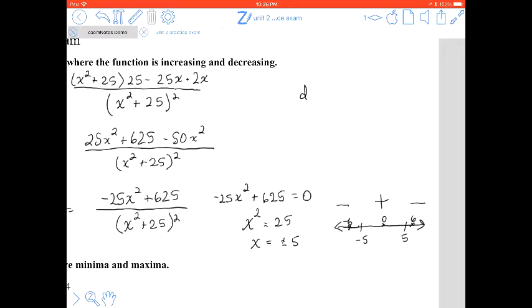So we would say the intervals of decrease are negative infinity to negative 5 and from 5 to infinity. And the intervals of increase would be this interval right here where we have a positive sign. So that interval is from negative 5 to 5.